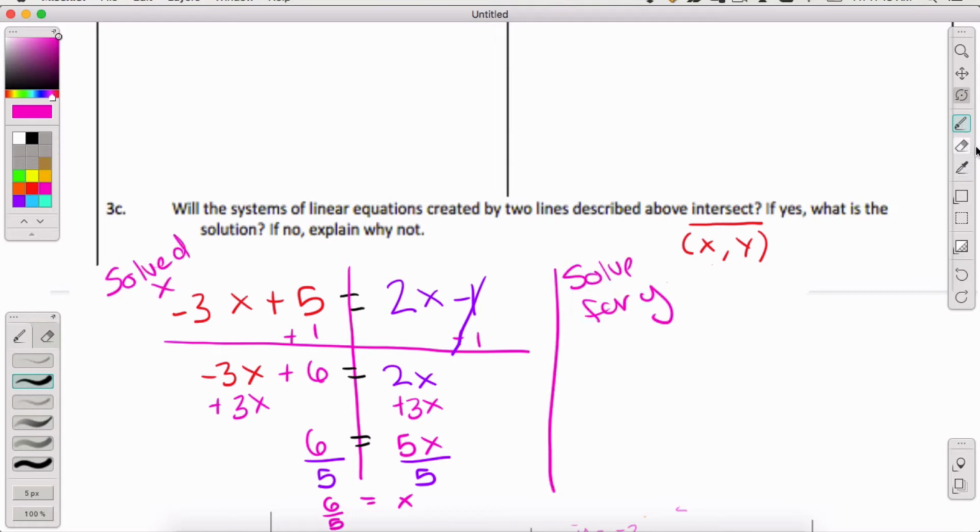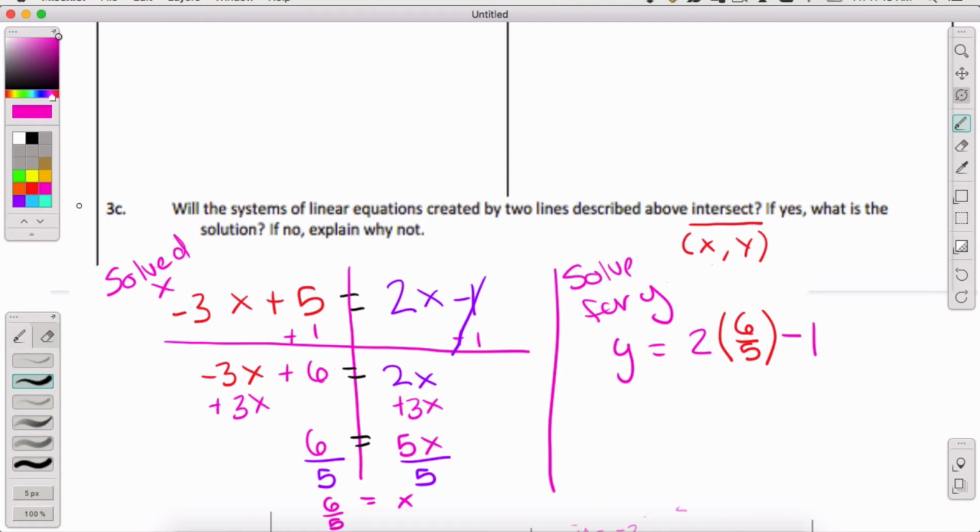I'm going to take the second equation, y = 2x - 1, in order to solve for my y. So y = 2 times 6/5, plugging in the 6/5 here for my x value, minus 1.